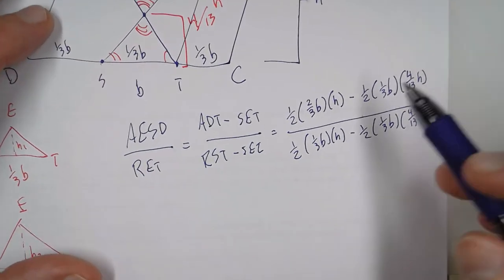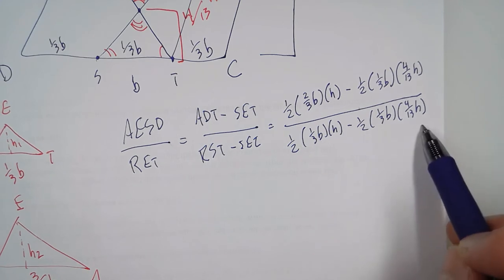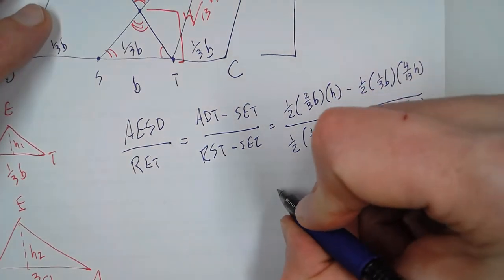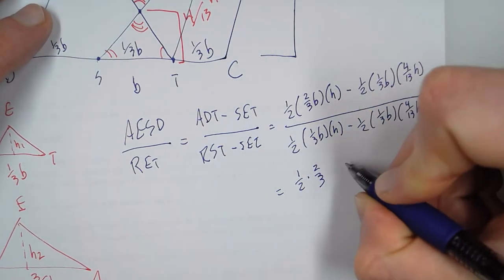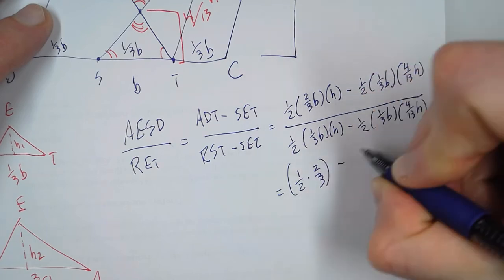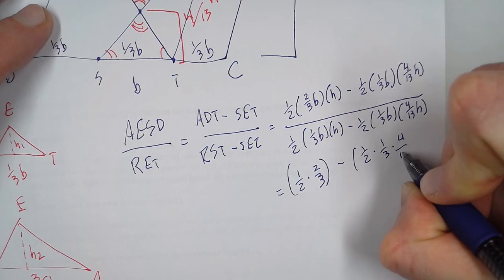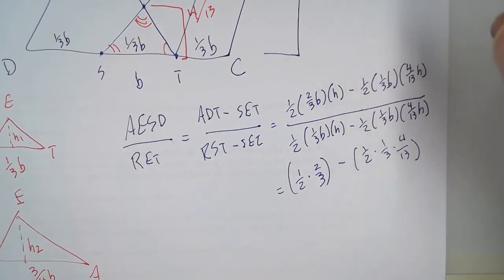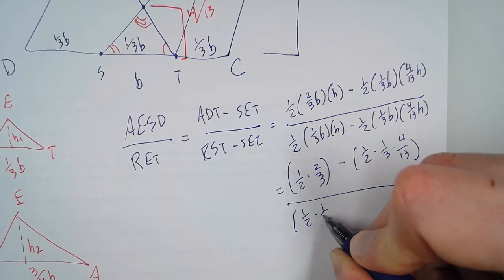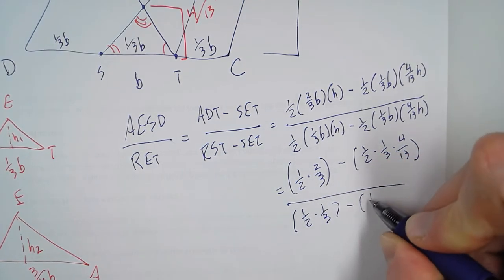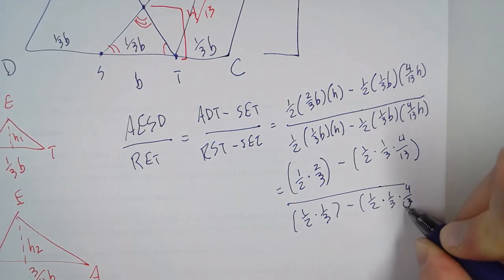Now to save some time and to make things a little simpler, every term here has a B and an H. So we can cancel that out of everything. So I'm left with 1/2 times 2/3 minus 1/2 times 1/3 times 4/13, all over 1/2 times 1/3 minus 1/2 times 1/3 times 4/13.